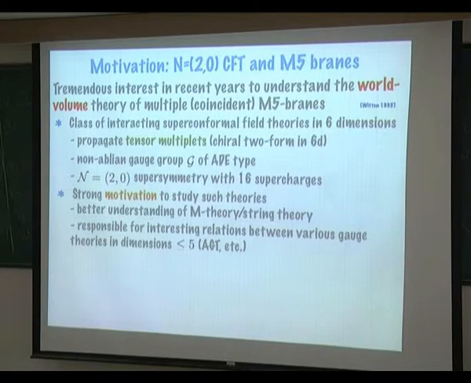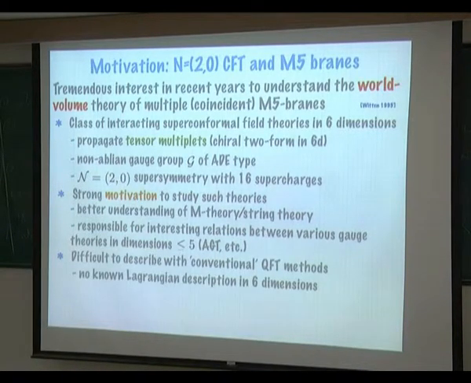In recent years there have been many instances and examples of such relations which have been found. And of course, if we could understand much better the 6-dimensional parent theory, that would give us a much better handle on these relations as well. So that's quite some motivation for us to look into the theories and understand them better.